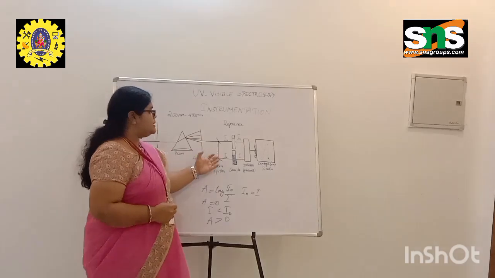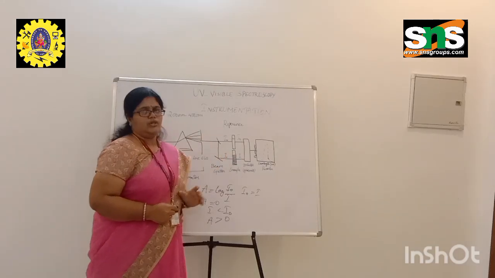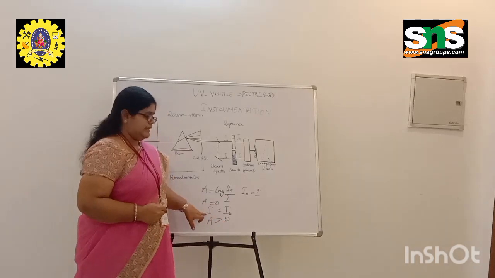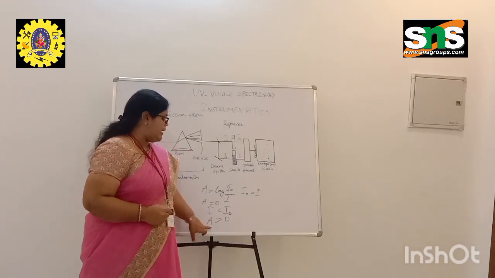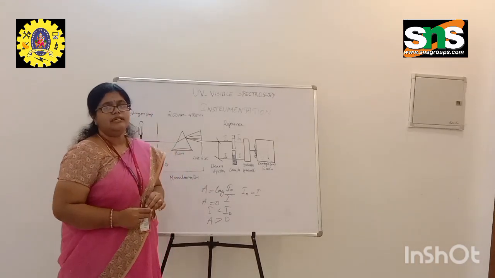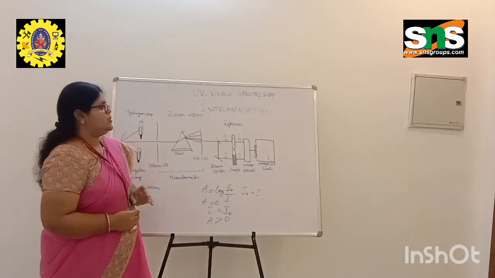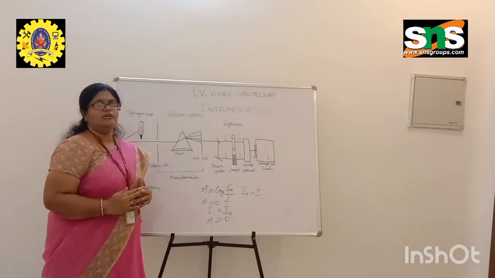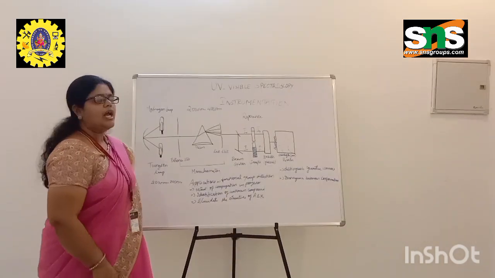If in this case you have I over here, then I naught is greater than I, and the absorbance value is greater than 0. So this is about the complete instrumentation of ultraviolet visible spectroscopy.